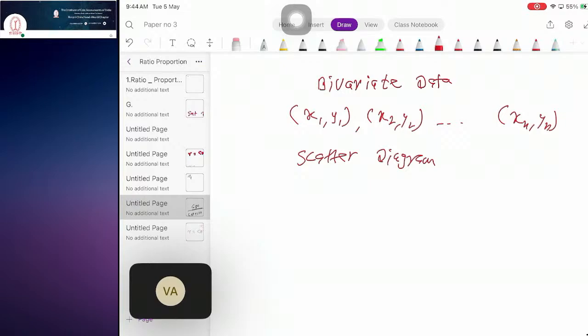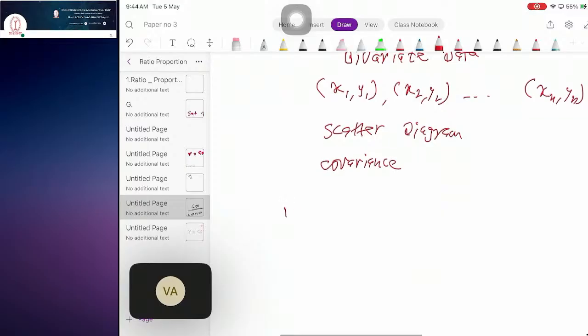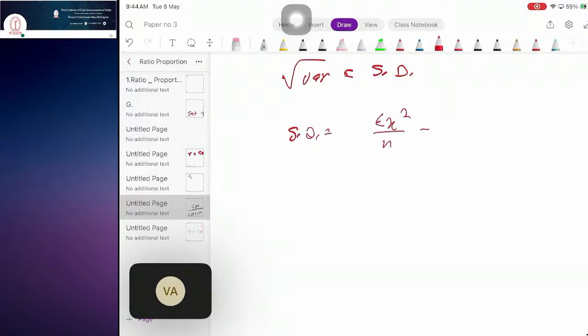Then we also discussed the concept of covariance yesterday. When it is related to only one variable, that is variance or standard deviation. Under root of variance is called standard deviation, which all of you know. The formula for standard deviation is the square root of summation of x square upon n minus x bar square. Already we have solved some examples on this.